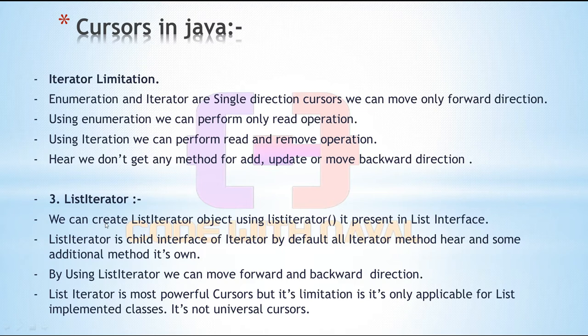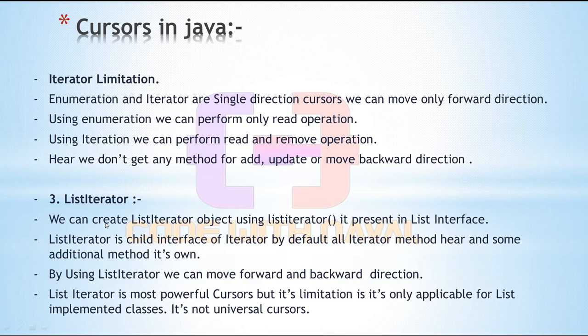By using a list iterator, we can move in the forward direction or in the backward direction. ListIterator is bidirectional. ListIterator is the most powerful cursor, but its limitation is that it's only applicable to List implemented classes. It's not a universal cursor.